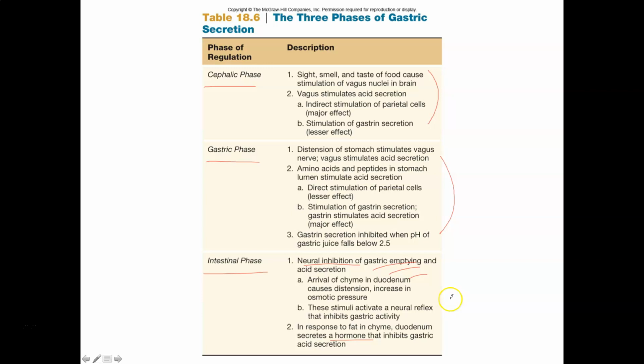Because if you push too much chyme into the intestines, that's going to lead to a diarrhea situation. So that is the cephalic, gastric, and intestinal phases of the gastrointestinal tract.